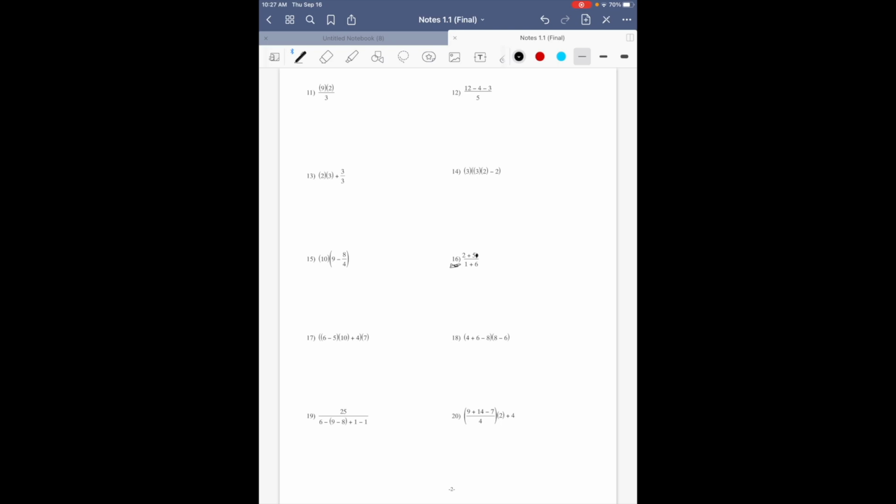So I would say, okay, do we have any parentheses? Yes. We've got 2 of them. Parenthesis there, parenthesis there. But is there any work that I need to do inside those parentheses? No. It's just 2 and 3. So we're good on our parentheses. Next, we have exponents. Any exponents here? No. So exponents are done.